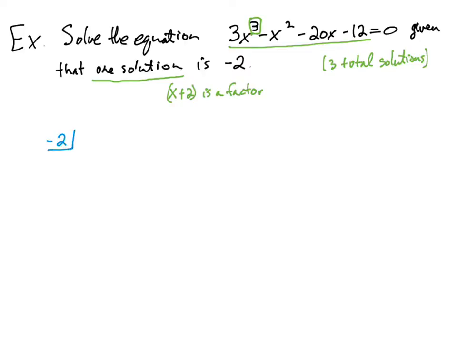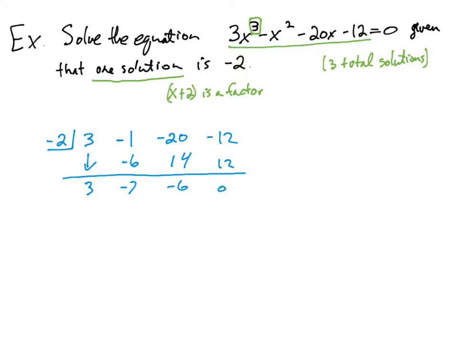So that means negative 2 is a 0. And we're going to divide this, with negative 20, using synthetic division. And because negative 2 is a solution, we should get a remainder of 0 here. So let's double check to make sure that that is happening. And we do get a 0, so that's good news.